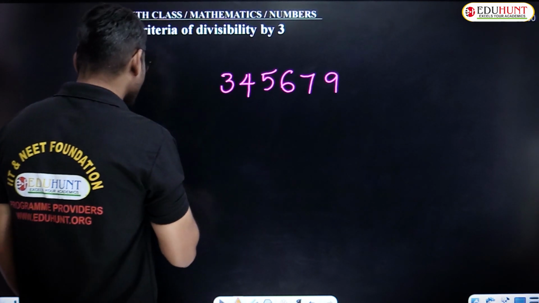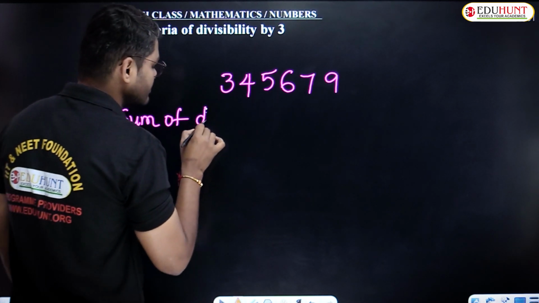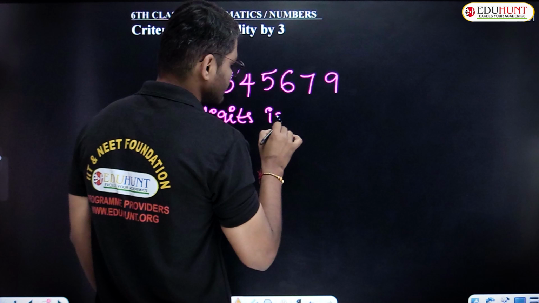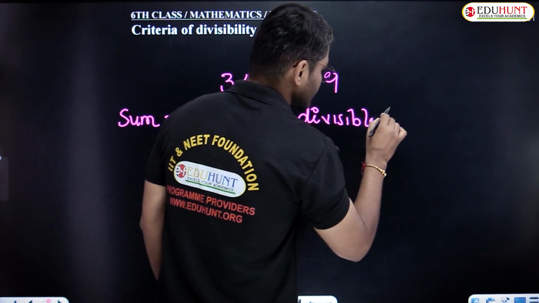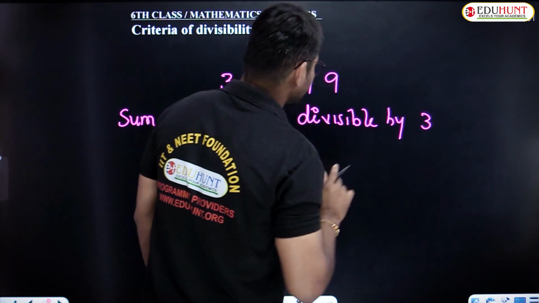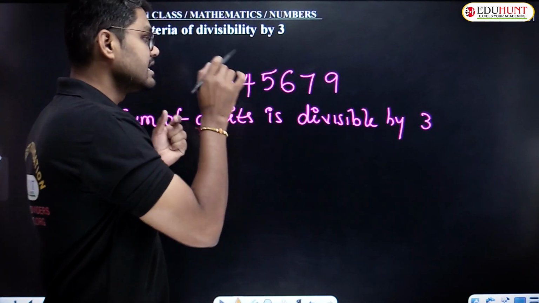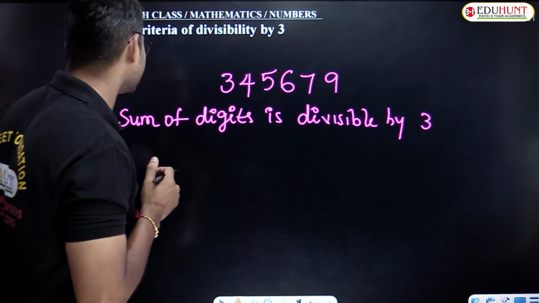What is the rule? If the sum of digits of a given number is divisible by 3, then the whole number is divisible by 3. It's very, very important, the divisibility rule of 3.